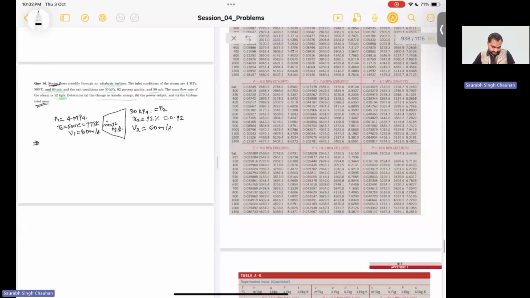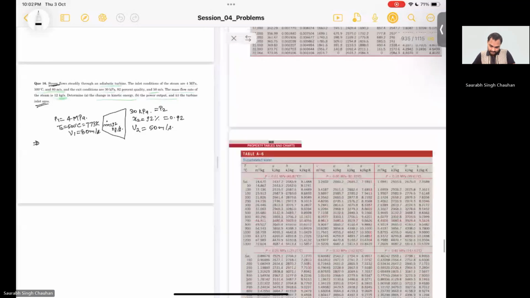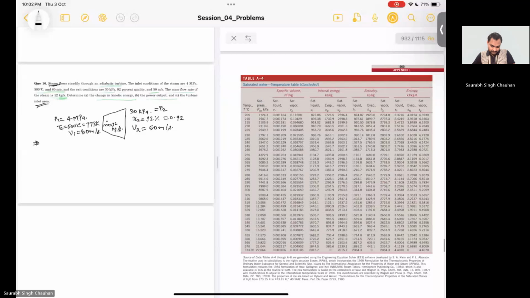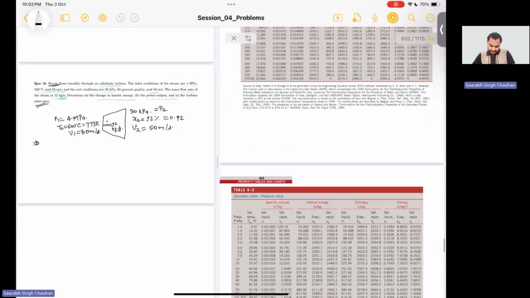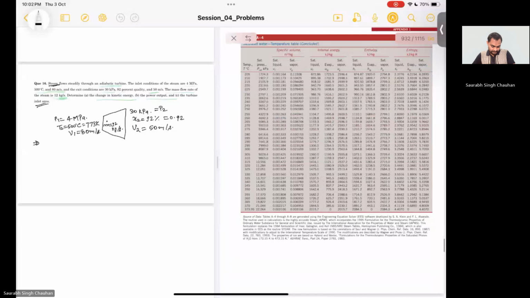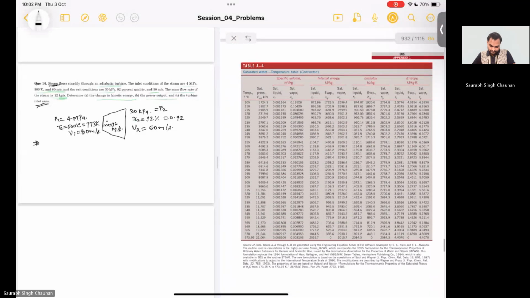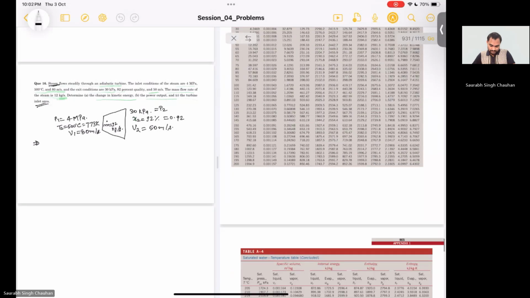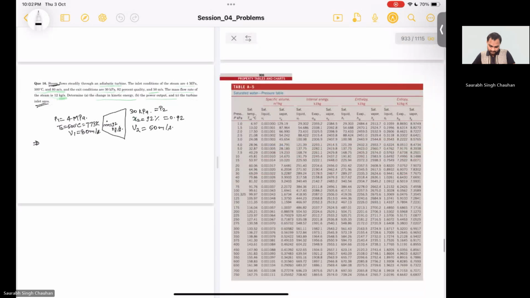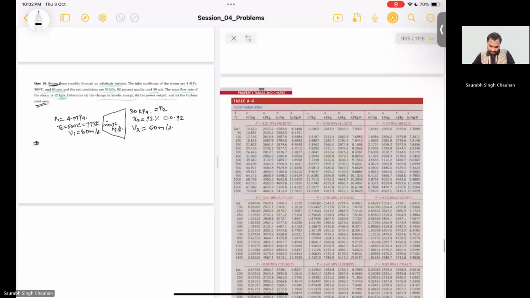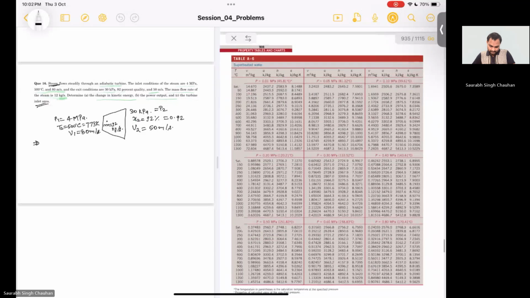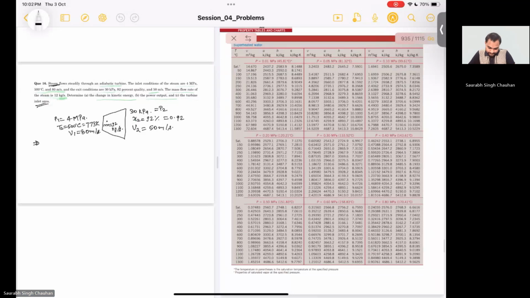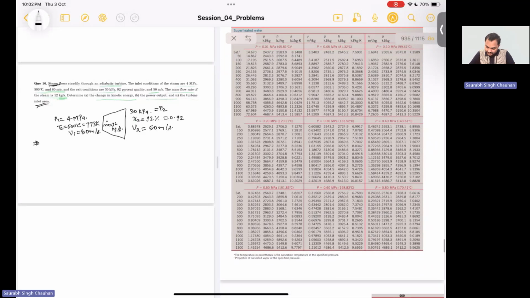So at inlet, it is superheated steam, at 500 degrees Celsius and 4 megapascal pressure.